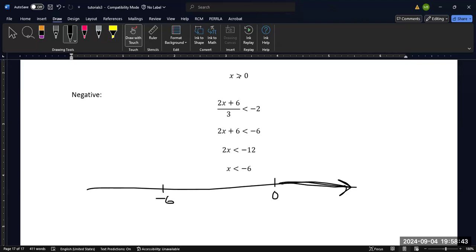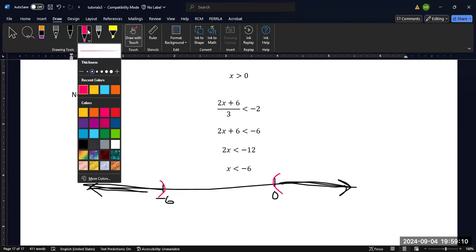And we originally had no equal sign, so again, open circle or round parentheses. So again, for interval notation consistency, I'm going to use the parentheses. And then for the -6, this is x is less than -6. So it goes out here down to -infinity. And again, no equal sign, so round parentheses.